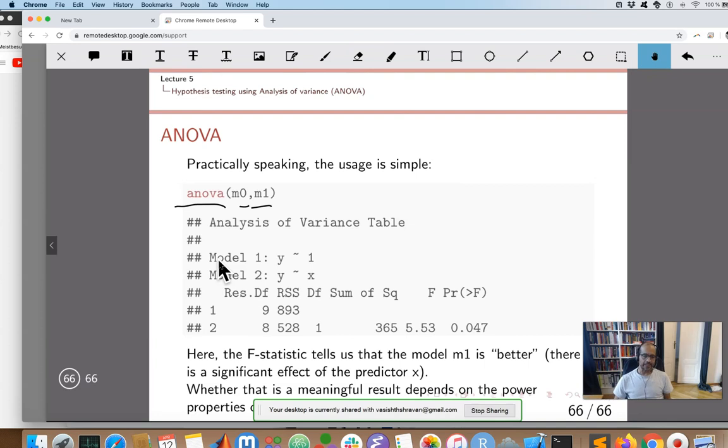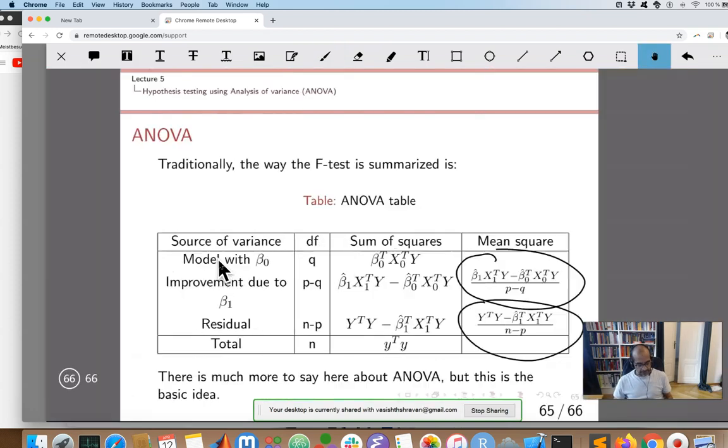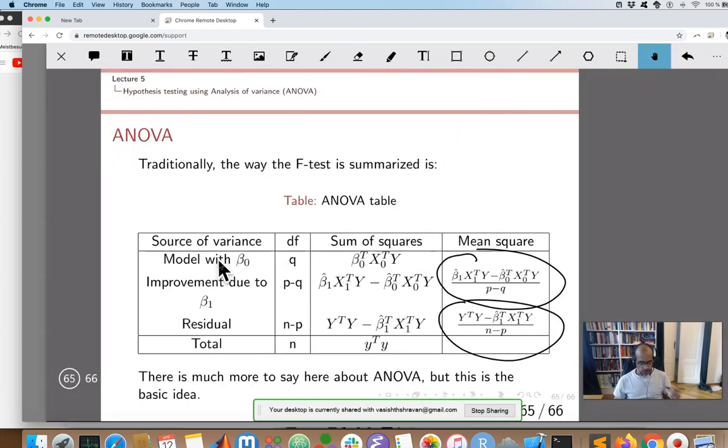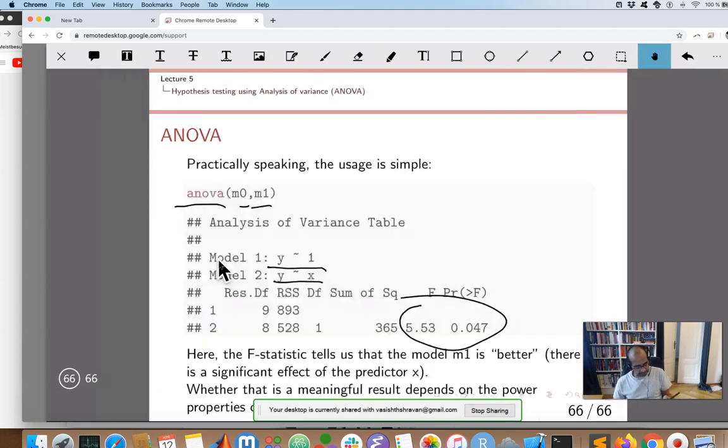So this is kind of anticlimactic now, because after all this hard work, all I'm telling you is that you need to define your null model, you need to define your alternative model, and the software will tell you what the observed F statistic is, and it will compare it to the criterion for an F statistic with 1 degree of freedom in the numerator and 9 degrees of freedom in the denominator.